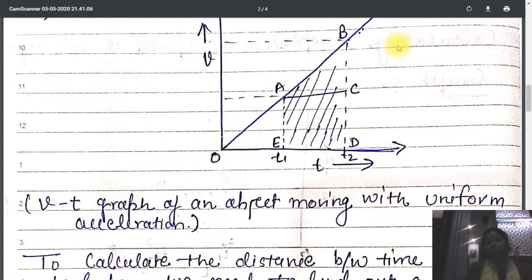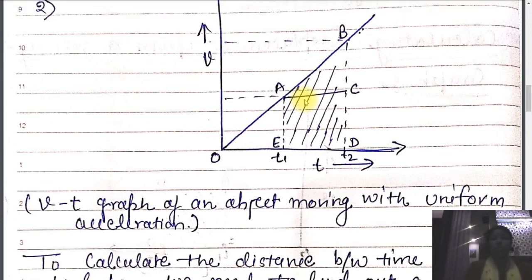That means from O to A we will enclose and shade this area. That will give us the total distance traveled by the object during its whole journey. But if we only want the distance traveled during a particular time interval, we will enclose only that much of the area of the graph, and by the shape of the graph we will calculate the distance traveled.